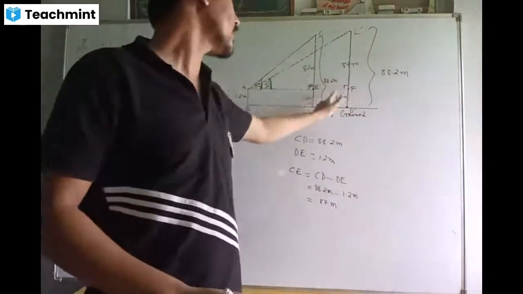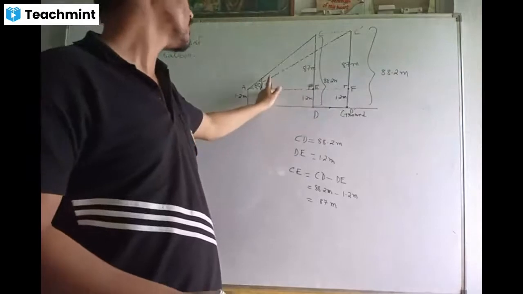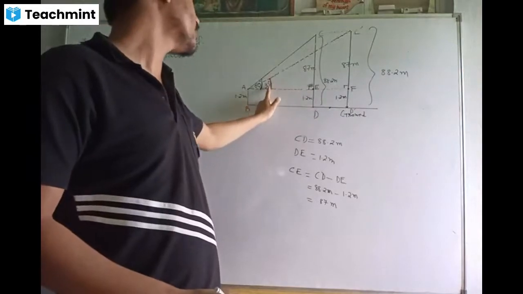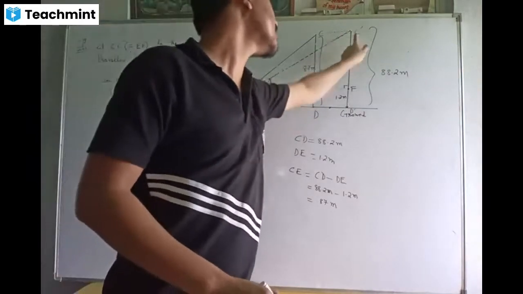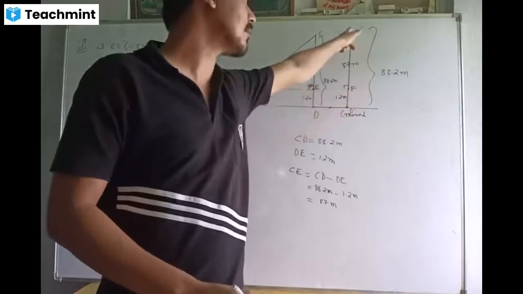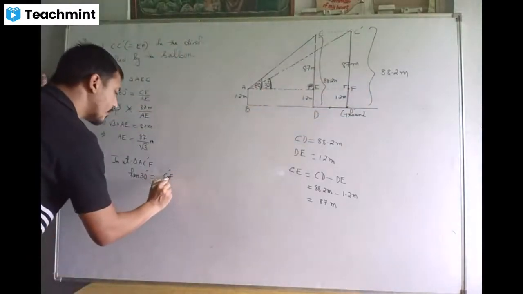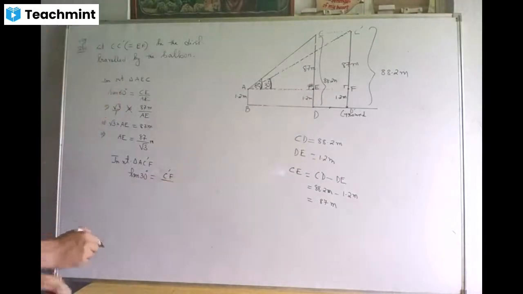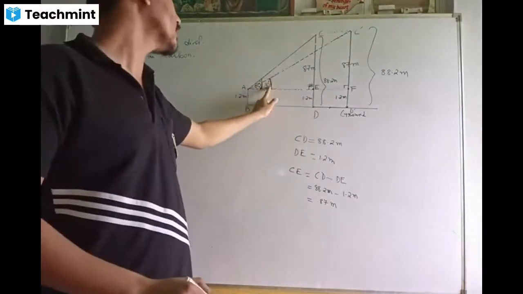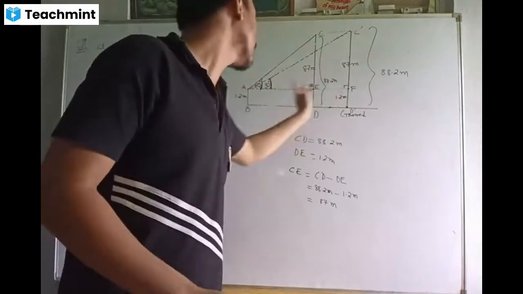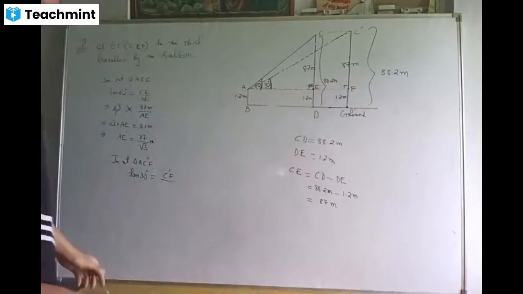For this right triangle, the side opposite to your angle theta is C dash F. Very clear in the figure, okay? C dash F upon the adjacent side. The adjacent to this angle 30 degrees would be AF, the full length AF.